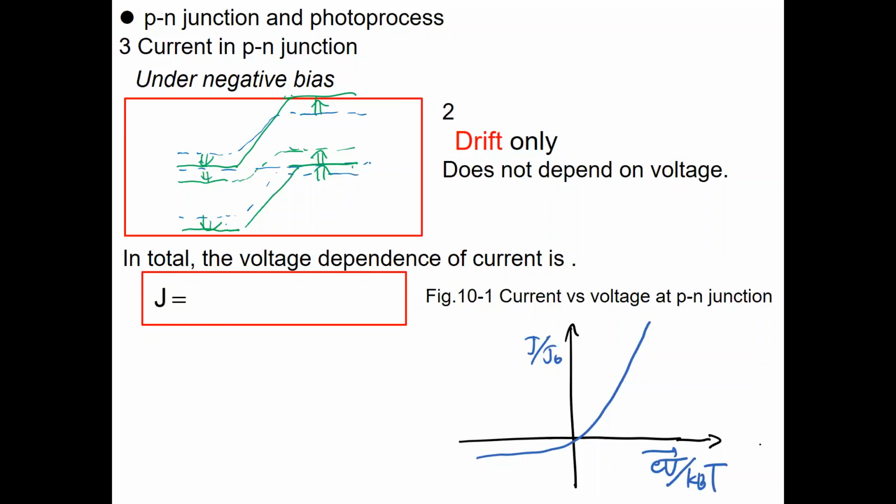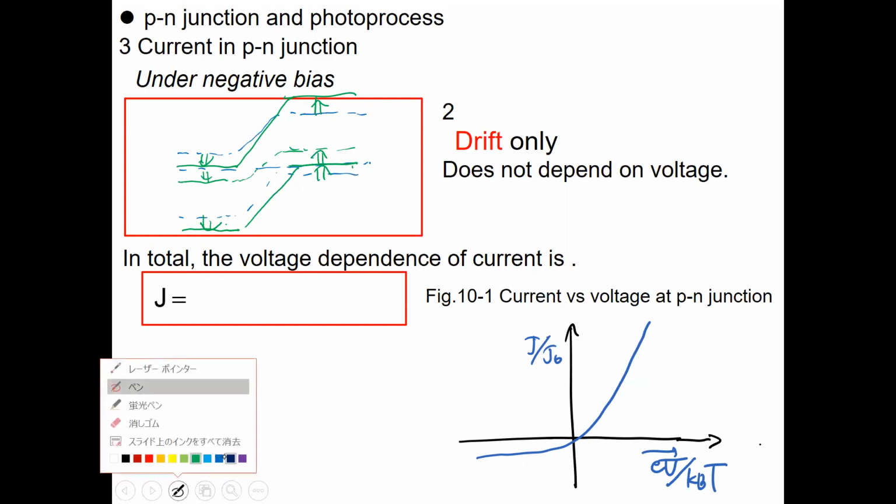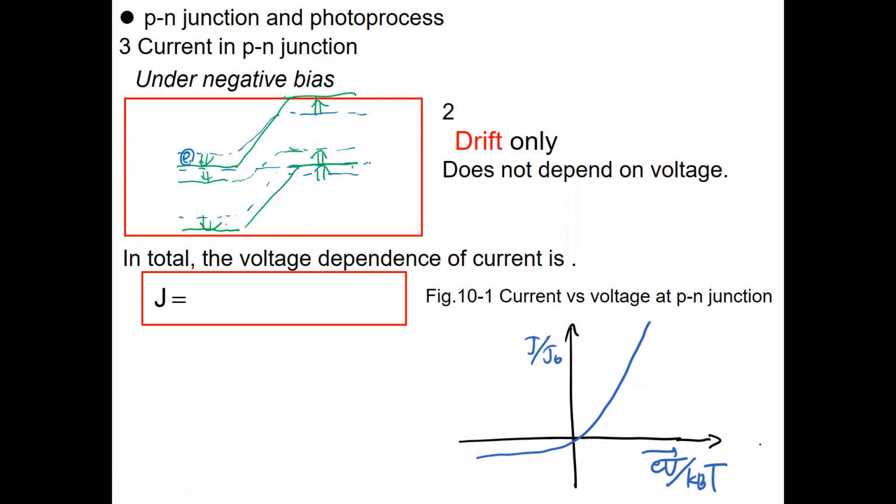By applying the negative bias, the diffusion is more difficult because for electrons and for holes in the N-type region and the P-type region, the barrier becomes much higher. So it's very difficult to move around.